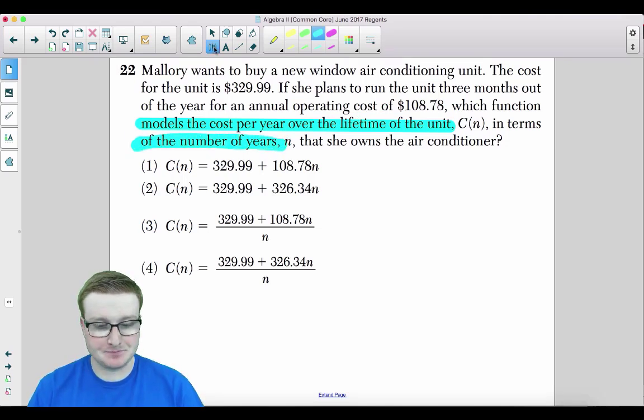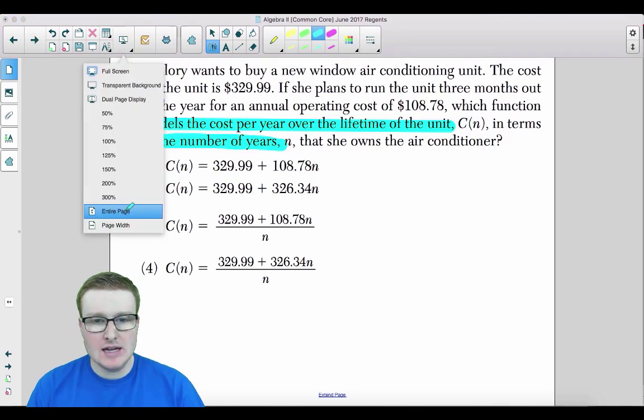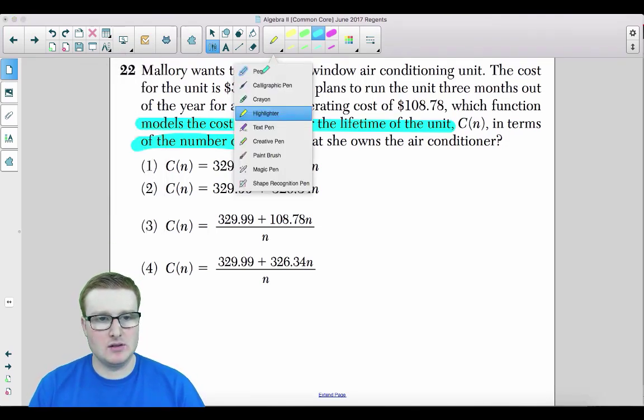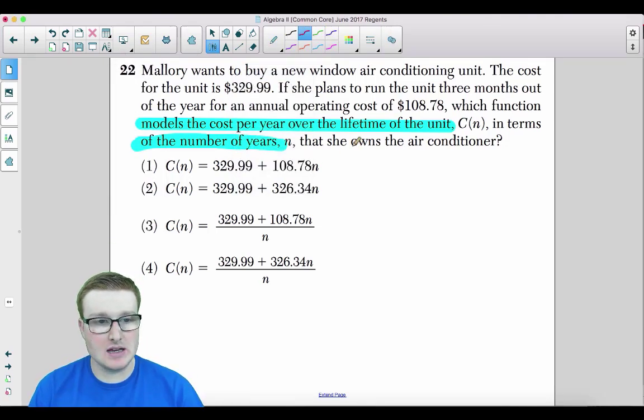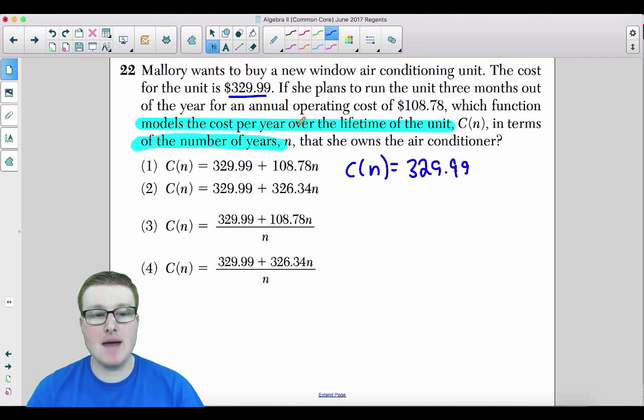Here's the thing. C of N, in this case, represents the cost function. C of N is indicated by $329.99. That is the amount of money that she paid for the unit in the first place. That's called the down payment.